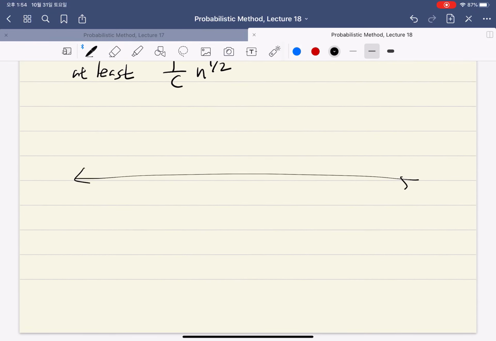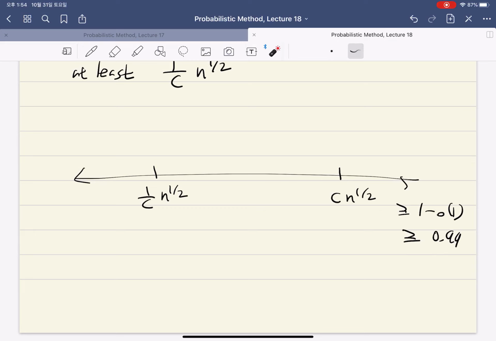That means with probability at least 1 minus o(1), which is bigger than 1/4, bigger than say 0.99, we have that h of x lies between these two. That means the median also lies between these. So m is theta of n to the half.